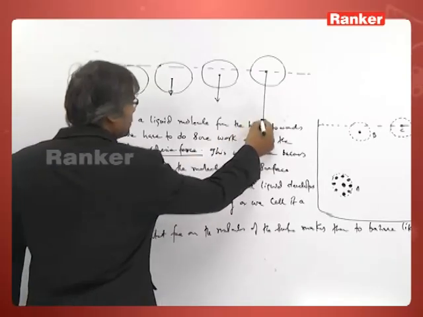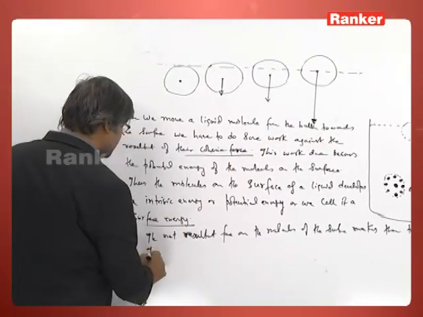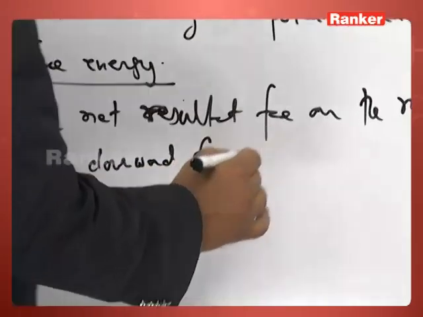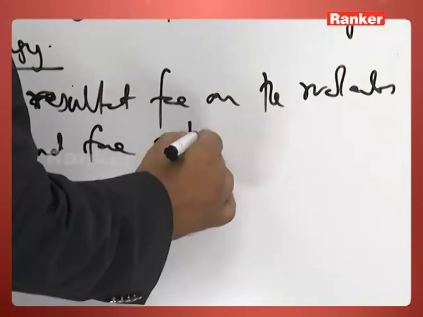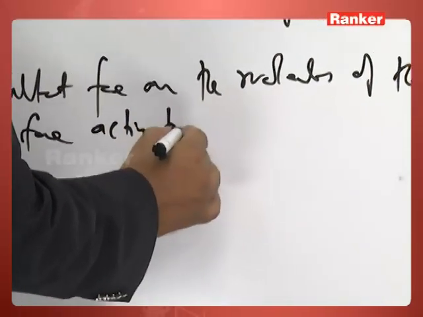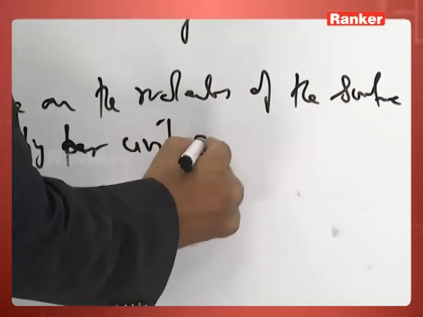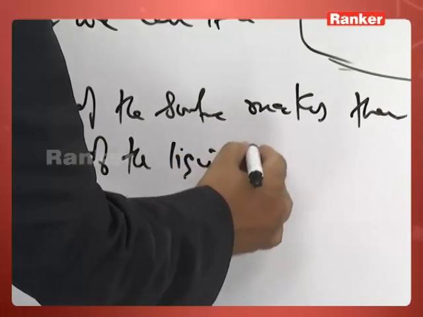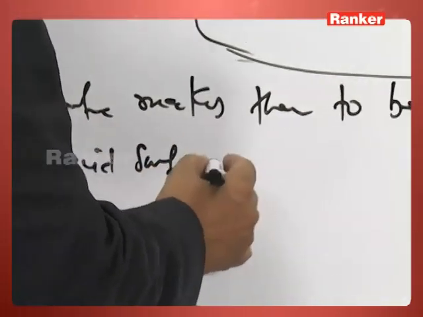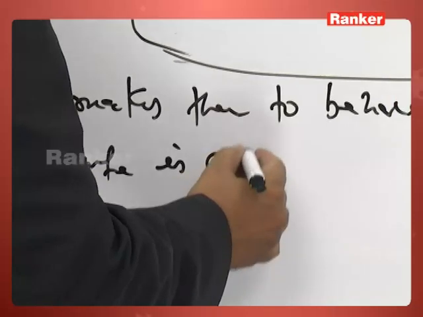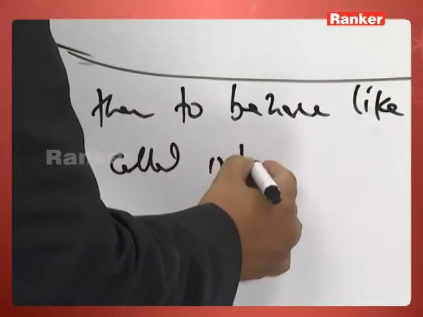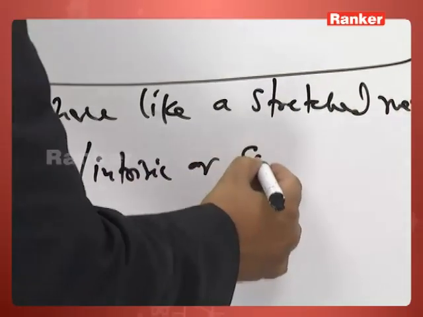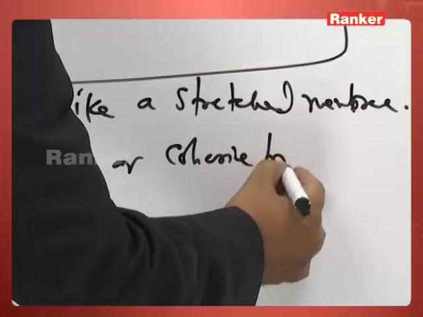Now, this downward force acting per unit area of the liquid surface is called internal, intrinsic or cohesive pressure.